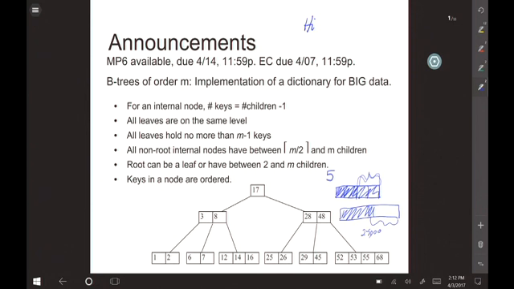Now, last time after class, somebody came up and pointed out that if we're getting all this data into main memory, couldn't we do anything we wanted to do after that? And the answer is yes, of course.